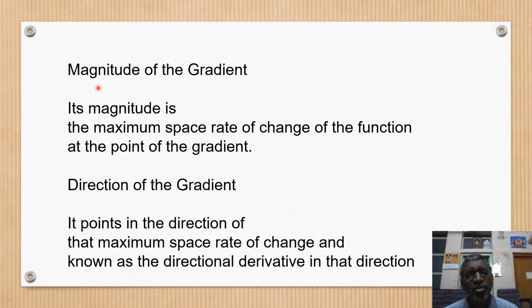Its magnitude is the maximum space rate of change of the function at the point. Then what is the direction of the gradient? It points in the direction of that maximum space rate of change and is known as the directional derivative in that direction.